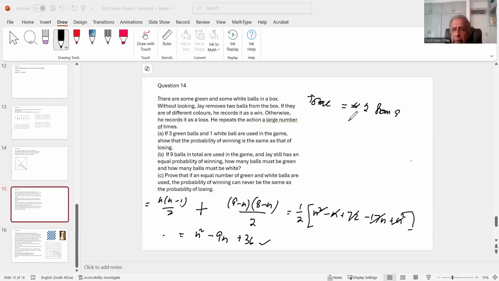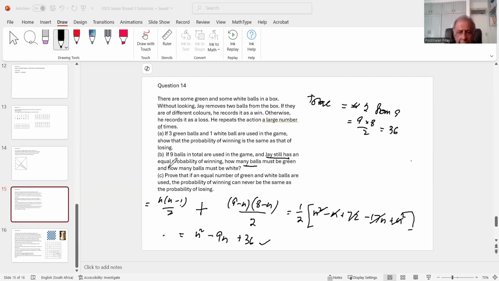And that is 9 times 8 divided by 2, and that is 36. That's the total number of ways. So if the probability is going to be a half, how many balls must be green?